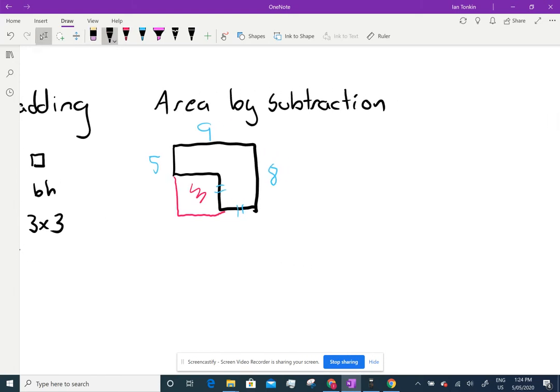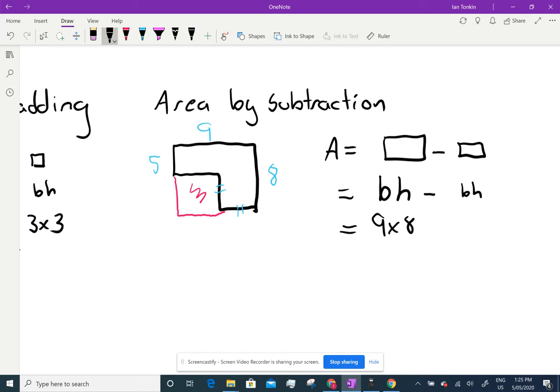So area equals the big rectangle minus the little rectangle. Now, because I'm going to subtract the whole away, this big rectangle, base times height, and this little rectangle, base times height. Well, the big rectangle is 9 times 8. What about this little rectangle?